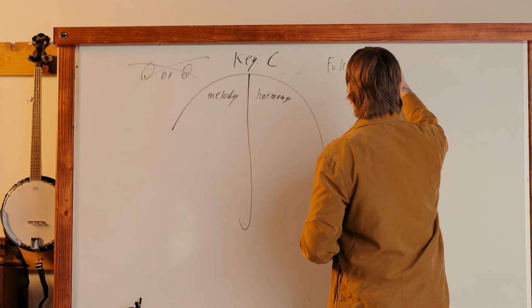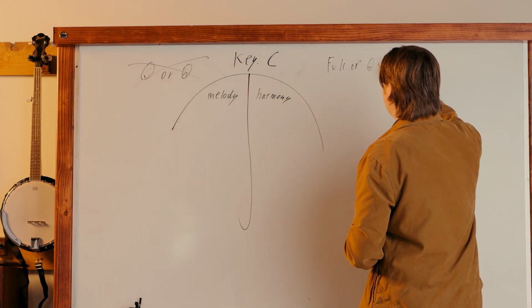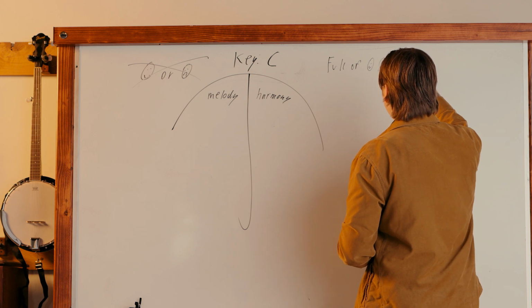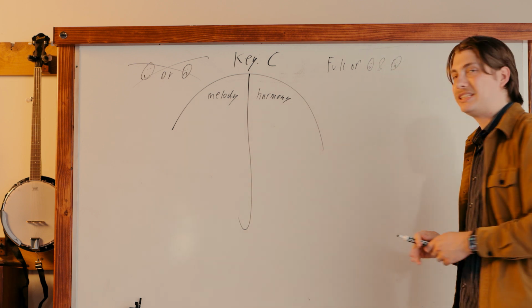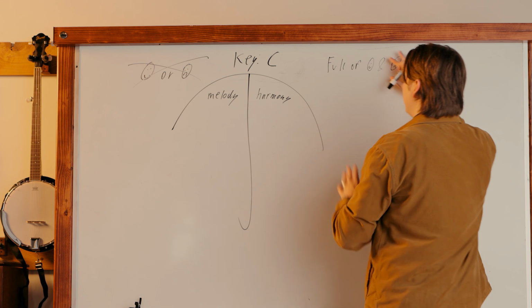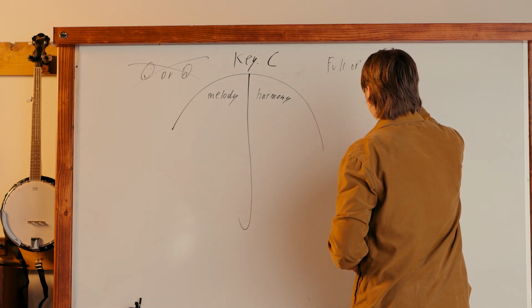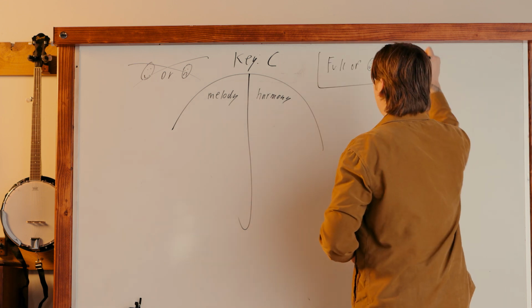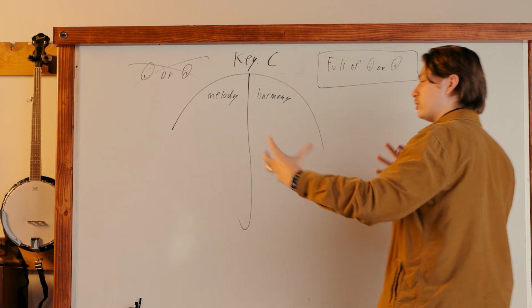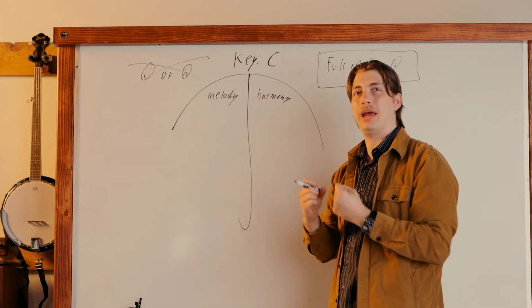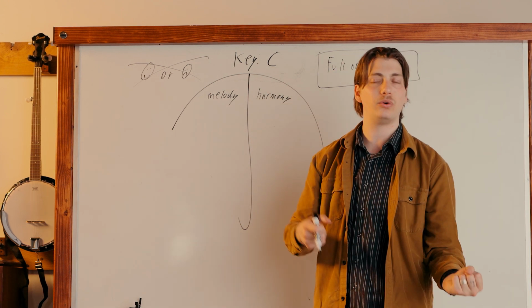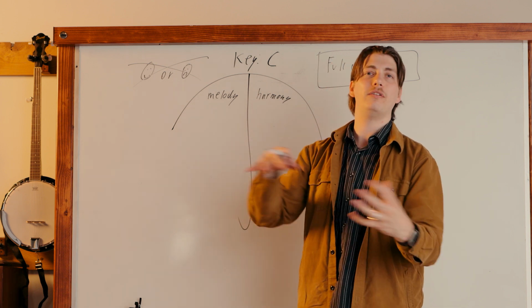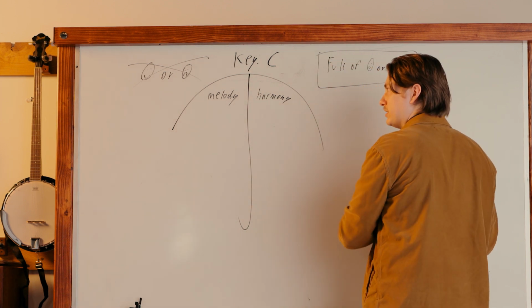It's full of happy and sad. Does that make sense? Because now there's more than one note playing at the same time, and that's where happy chords and sad chords and confused chords come in on the harmony side, okay?